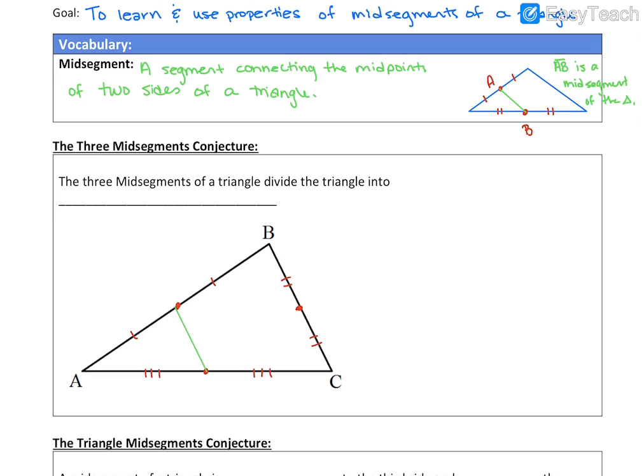So here's your first mid-segment, here's another mid-segment, and here's another mid-segment. This conjecture says that the three mid-segments of a triangle is going to divide the triangle into four congruent triangles.